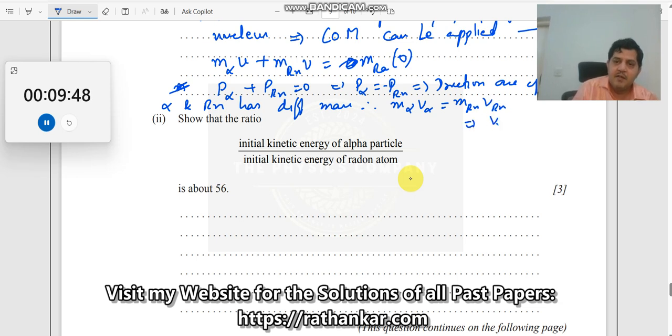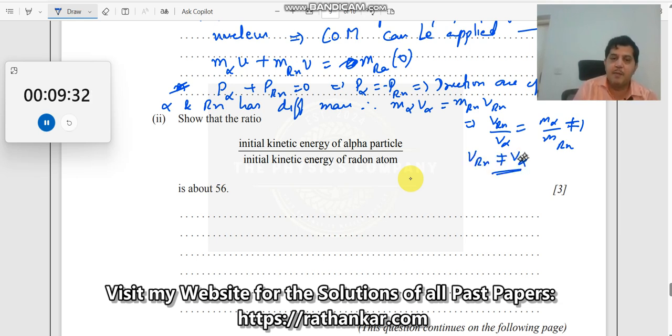This implies v radon by v alpha is equal to m alpha by m radon, which is not equal to 1. Hence, v radon is not equal to v alpha, which means they are moving at different speeds, right? So, I have said all the 3 of them. This is the way you need to write. Okay, so this will give you the third mark.